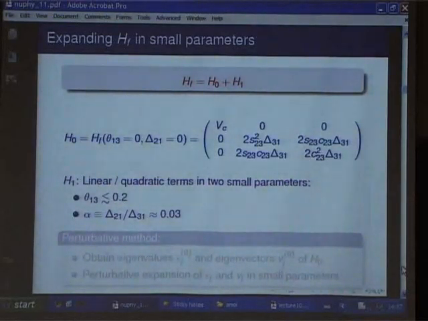So how do we do it? I already told you that if I get a random 3x3 matrix, I am going to have a hard time calculating its eigenvectors analytically. So what we do is we use the perturbation technique. Perturbation technique means the following. We don't solve for the HF itself.